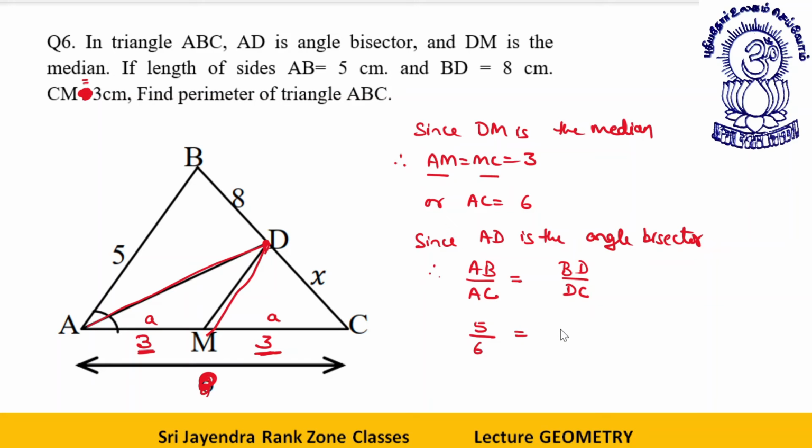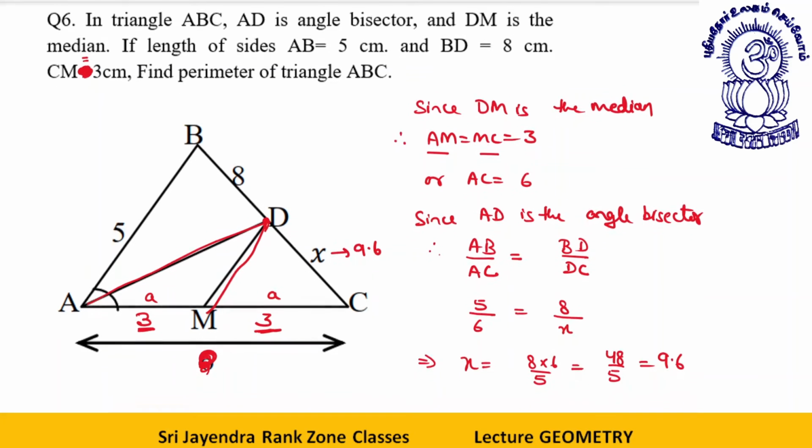BD we know is 8. DC is X. From here I can say X is equal to 8 into 6 divided by 5, that becomes 48 by 5, that is 9.6. So you get this X as 9.6. Now what to do?